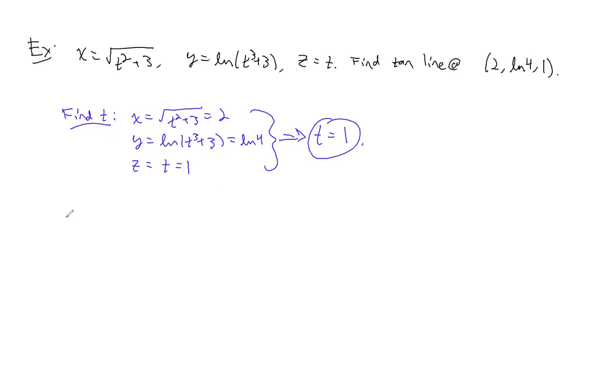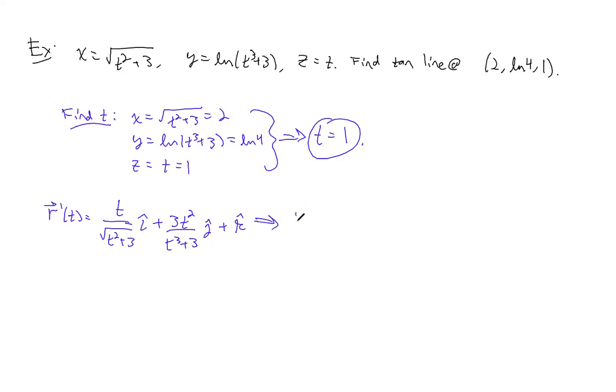So let's actually calculate r prime. R prime of t, you basically just do exactly what we did before. You just take all of the derivatives as usual. The derivative of square root of t squared plus 3 comes out to t over root t squared plus 3, i, plus 3t squared over t cubed plus 3, j, plus k, because differentiating t with respect to t just gives 1.